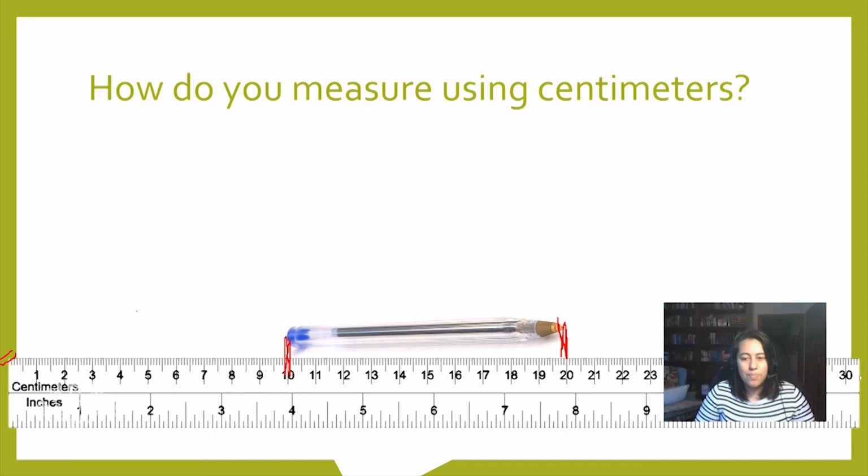So just like I said before, think of the ruler as a number line. We want to know the space between the number we started on and the number we're ending on. In this case, the pen is starting at 10 centimeters and ending at 20. So we need to find the difference between 10 and 20.